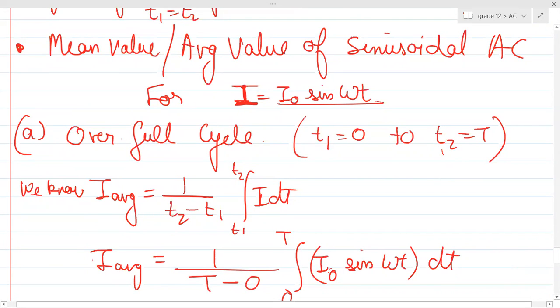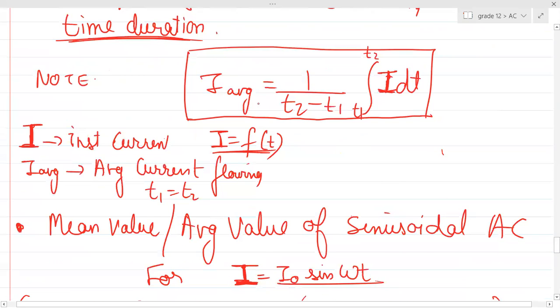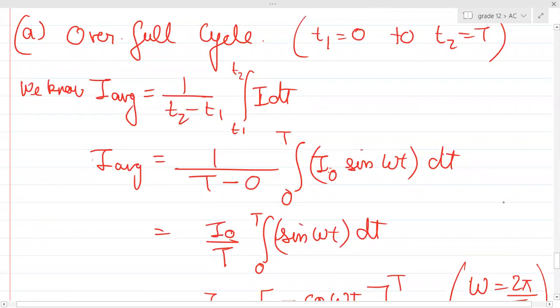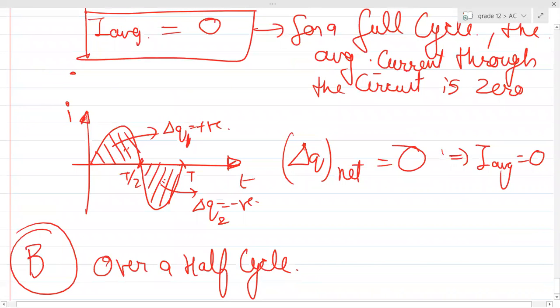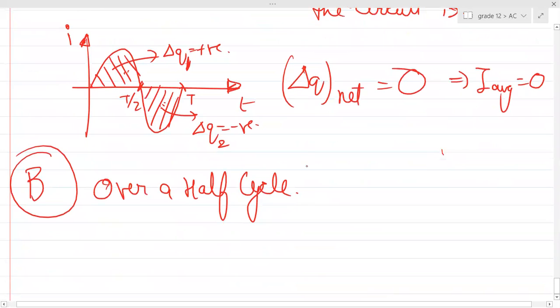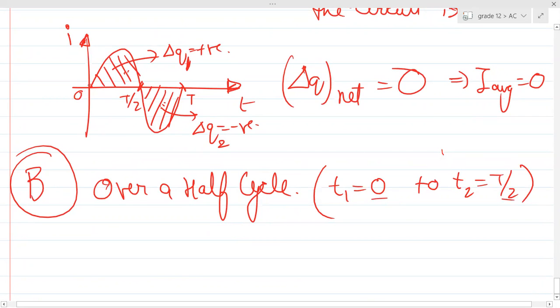I average is basically equal to, you write this formula. I average is basically this, and then over a full cycle or over a half cycle, it's up to you, whatever comes. So if it comes over a half cycle, let's say I'm taking only a positive half cycle, okay? For simplicity in calculations, I'm taking only positive half cycle. Can you see 0 to T/2 is basically the positive half cycle, right?